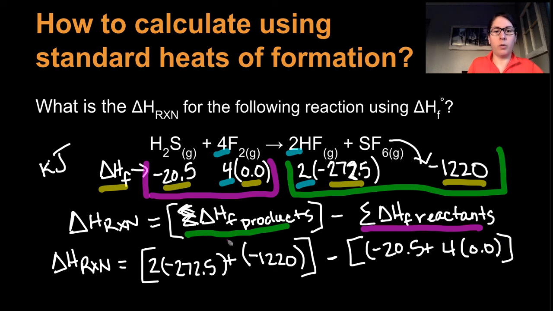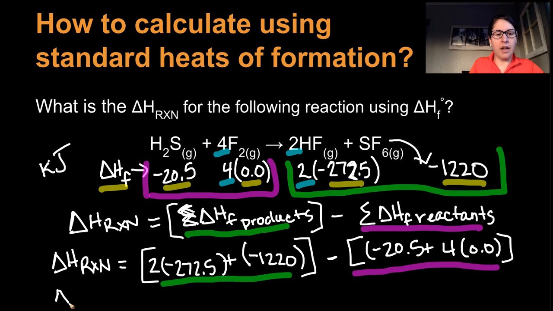So again, we have these ones here, and we have these ones here. Okay, I'm almost running out of room down at the bottom, so let me see if I can get this to work for me. So in order to solve for my heat of reaction, okay, when I added these two up, I ended up with negative 1,765 kilojoules.